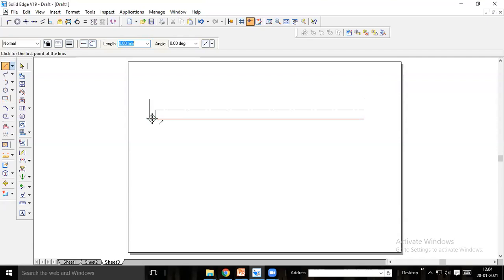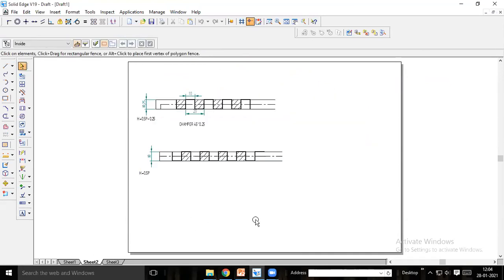Again, one more line I will consider. This is 0.5 times P at 90. So this is the distance between, I will fix it at 0 degrees. The small gap is the clearance. I forgot to show what clearance means. Here I will show, see here, what clearance means.